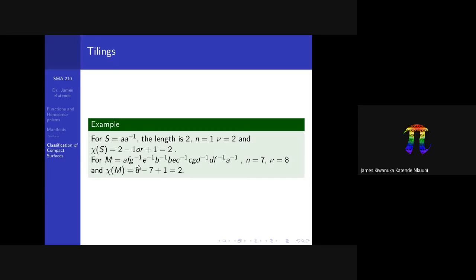We can also use a different plane model for the sphere. This is the one that is determined by the cube, this plane model. Now the plane model will have 14 edges. So half of that will give you the number of edges in the tiling induced by this plane model. So the number of edges will be 7.